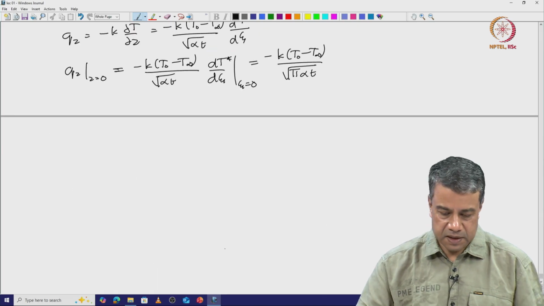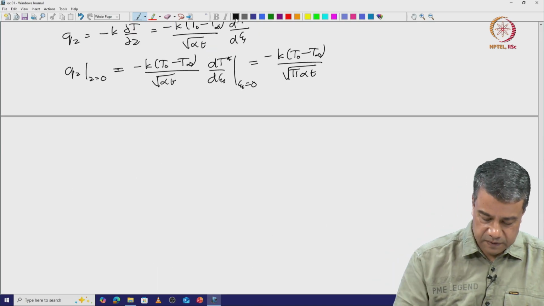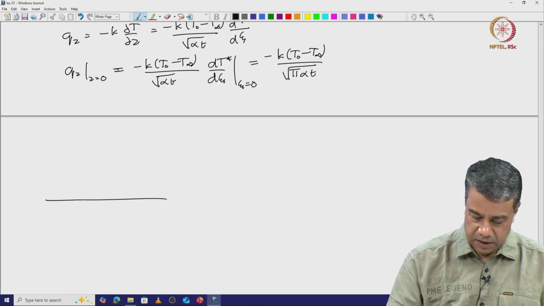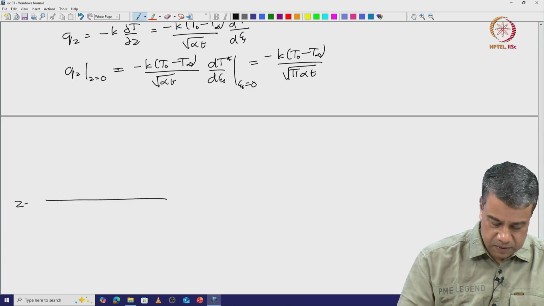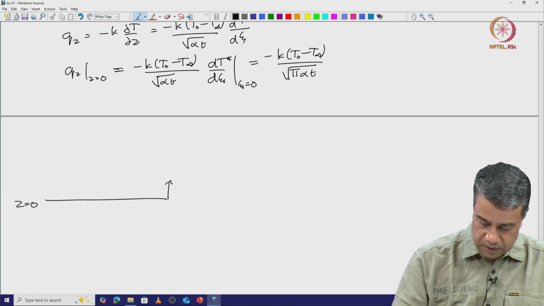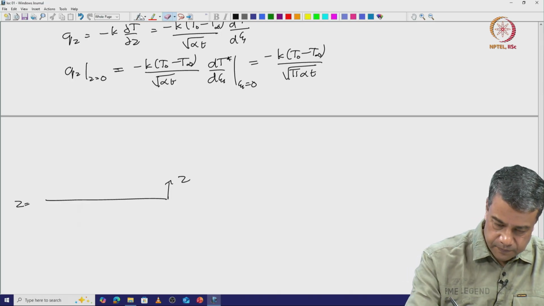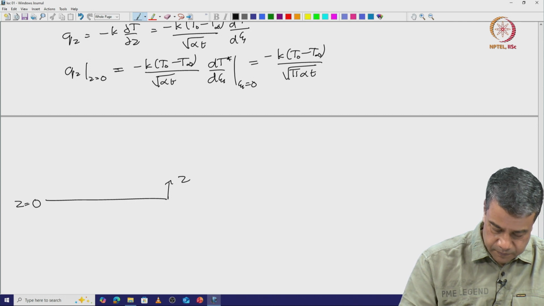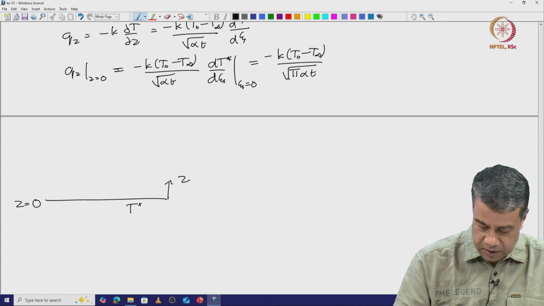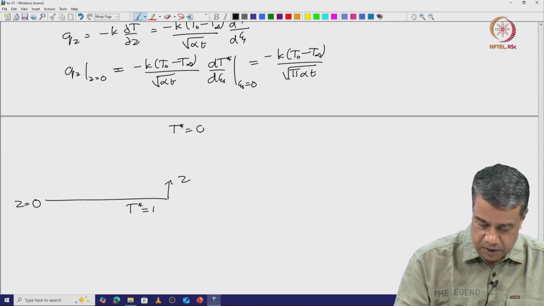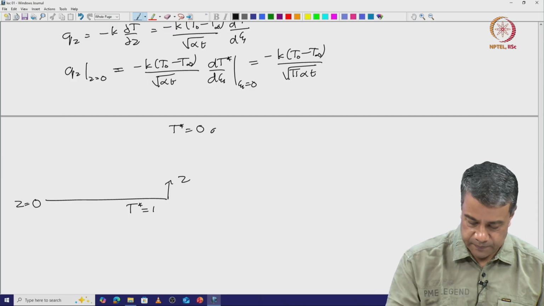Now, I would like to discuss something about the physical significance of this approximation. So, this was at z equal to 0, this was the z coordinate. T star is equal to 1 at the surface and T star is equal to 0 as z goes to infinity.